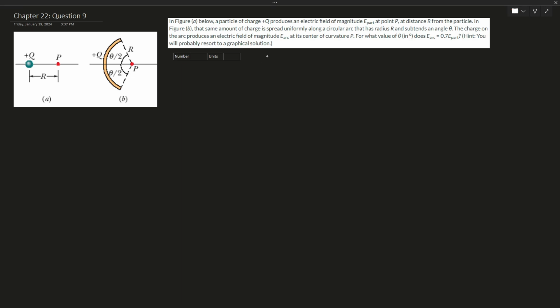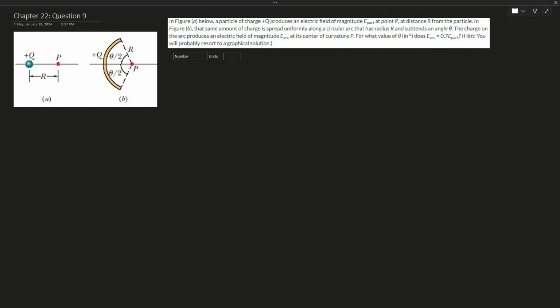In figure B, that same amount of charge is spread uniformly along a circular arc that has radius R and subtends an angle theta. The charge on the arc produces an electric field of magnitude E arc at its center of curvature P. For what value of theta in degrees does E arc equal 0.7 E part?